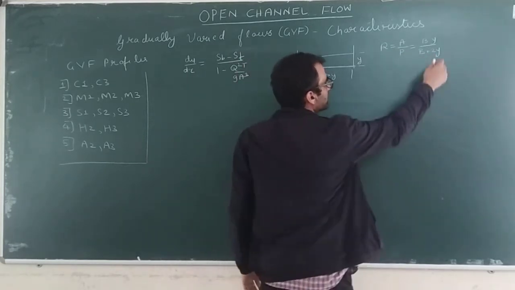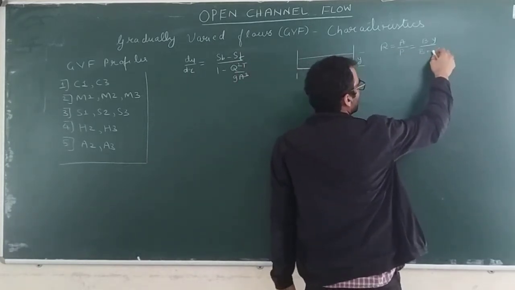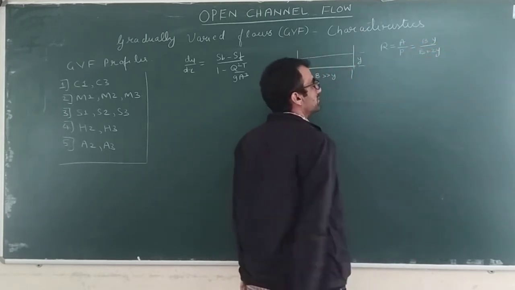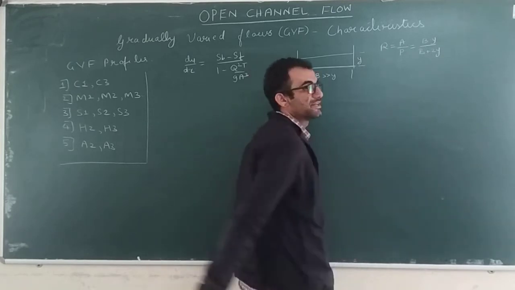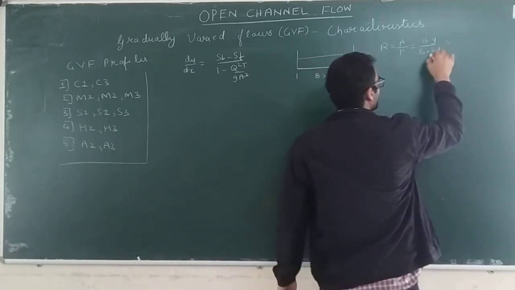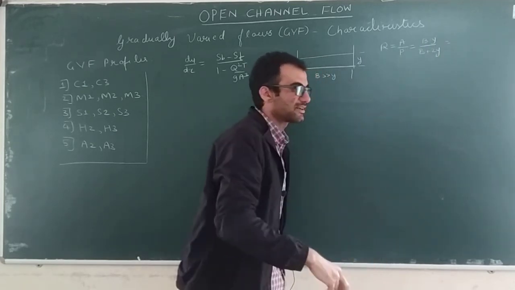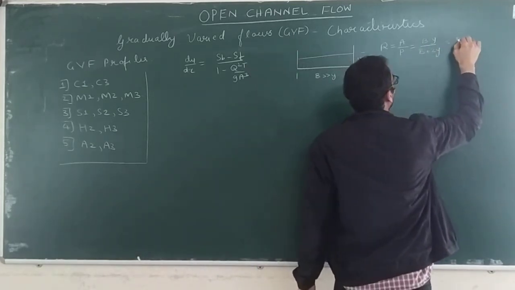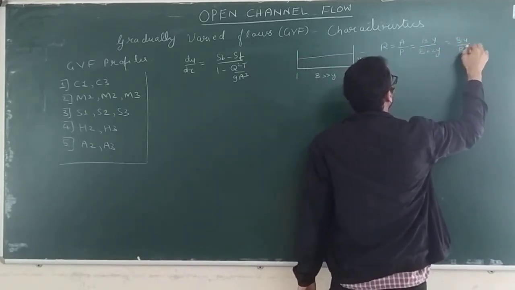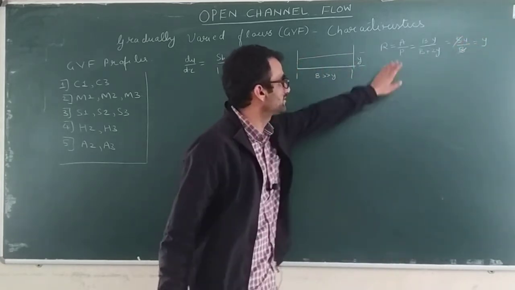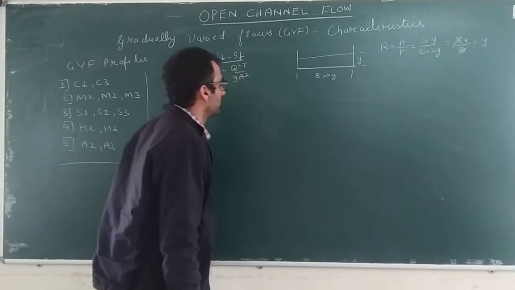So you can neglect this in the perimeter. You cannot neglect Y in the area, because there is multiplication, but you can neglect Y in the perimeter, because there is addition. So this will be BY upon B, that is Y. So the hydraulic radius is equal to the flow depth for wide rectangular channels.